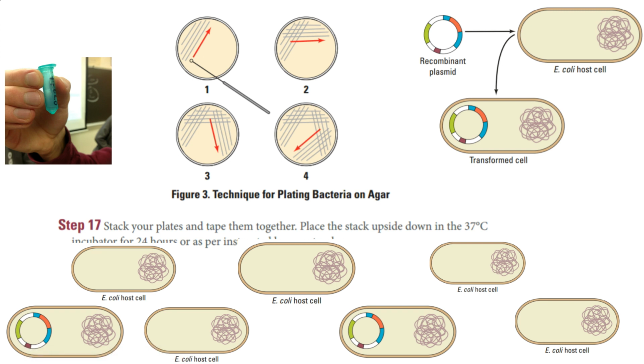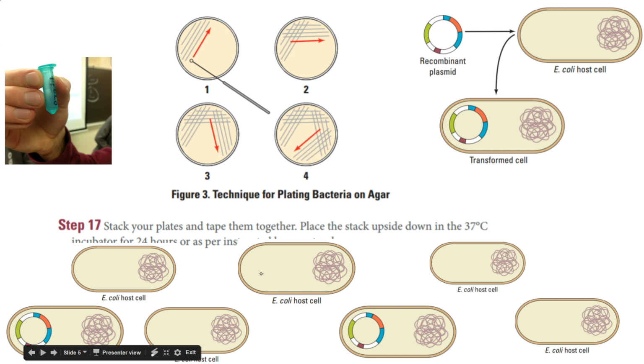Now, one thing to keep in mind, I already said that this whole heat shocking process is kind of difficult to get the right conditions to get the E. coli to accept as many plasmids as possible. Even if you do it well, not every single E. coli within this is going to pick up the plasmids.